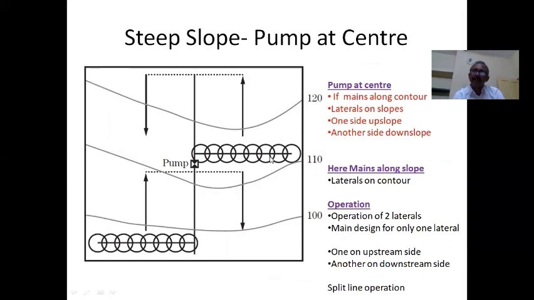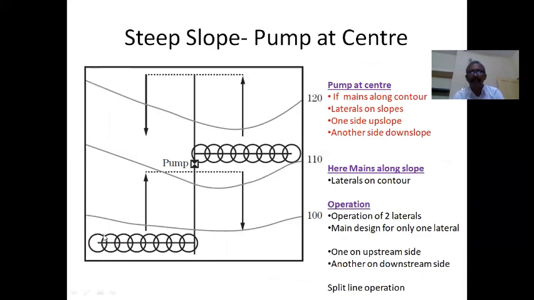So in this case, how the layout has been done is, if you look here, the main line goes along the slope and laterals are along the contours. So this is one kind of layout one can adopt for steeper slopes. And you can also see one more important point here.